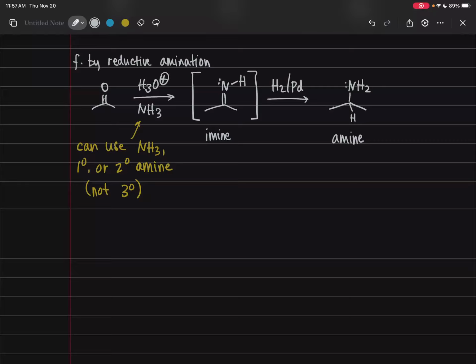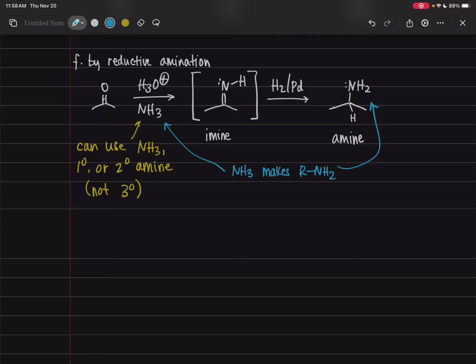Now, this example makes a primary amine, but that's entirely dependent on what nitrogen source we use in the first step. So essentially what happens is we attach everything in that nitrogen-containing molecule except one of the hydrogens.